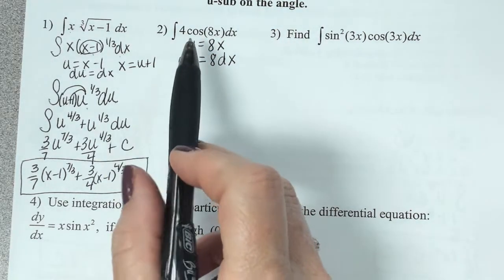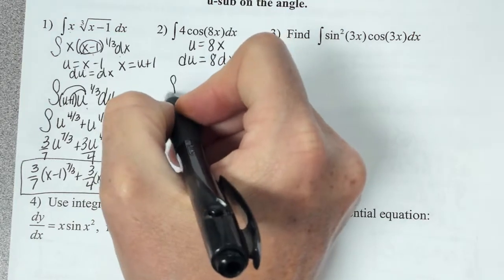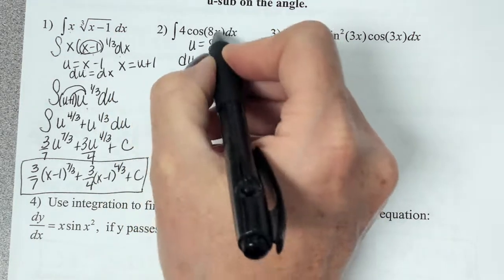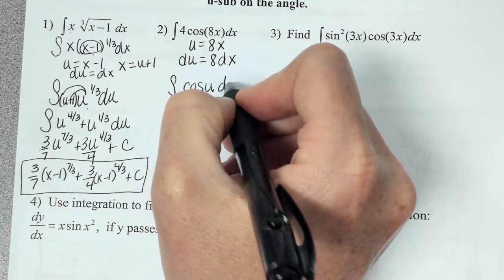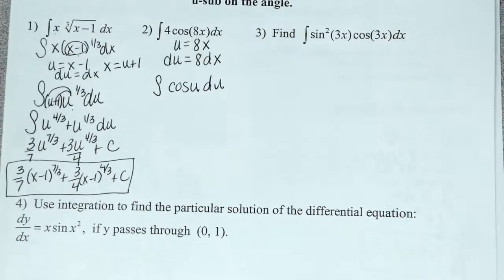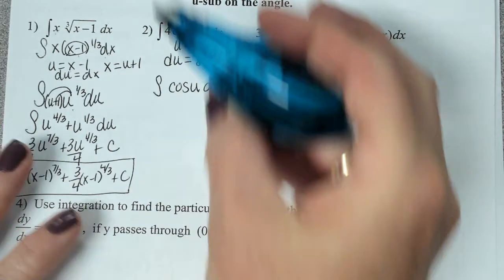Guys, look at the problem here, though. Now when I go to fill this in, I'm going to have the integral of cosine u du. Well, I don't even have the du yet.